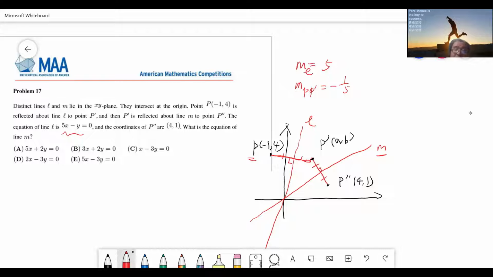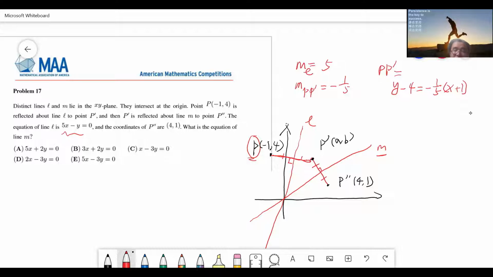And then we can find the equation of PP prime, which we get using the slope-point form. That's y minus, we have the coordinates of P, right? y minus 4 equals -1/5 of x minus -1, or x plus 1.